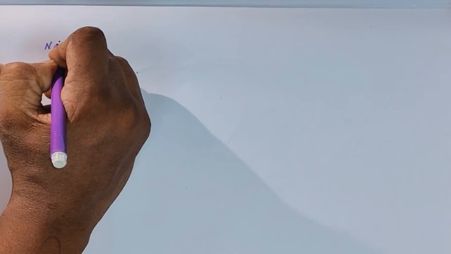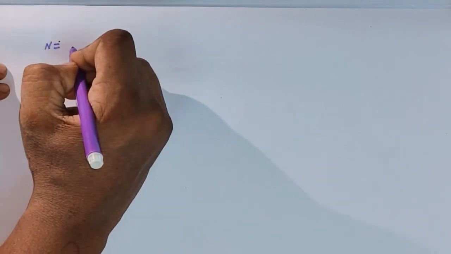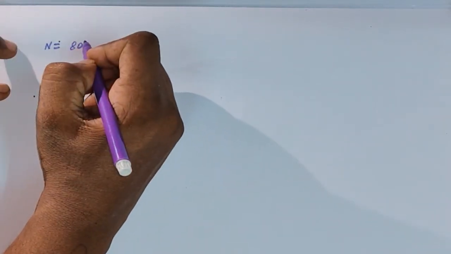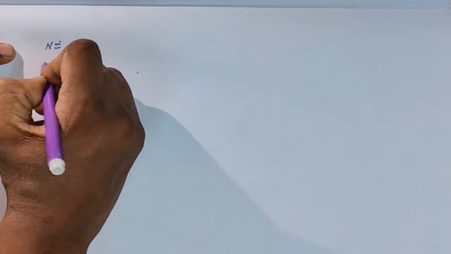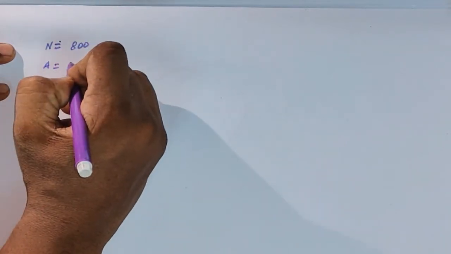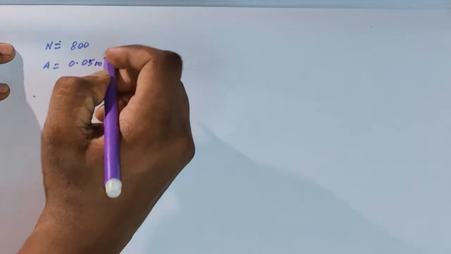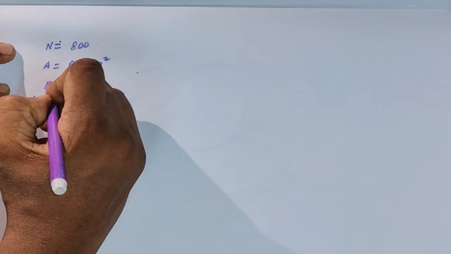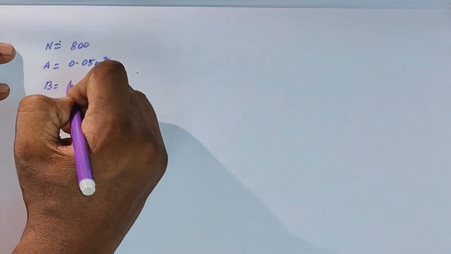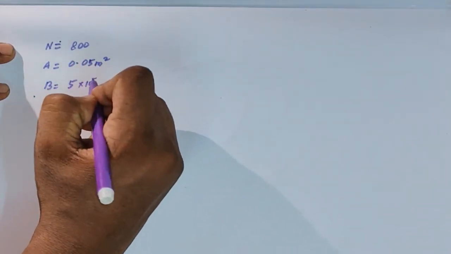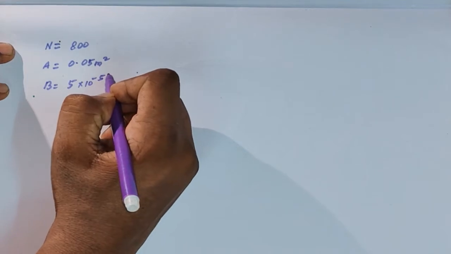In this problem, the number of turns in the coil is given, it would be 800 turns. The effective area of the coil would be equal to 0.05 meter square. It is kept perpendicular to the magnetic field. The magnetic field is 5 × 10^-5 Tesla.